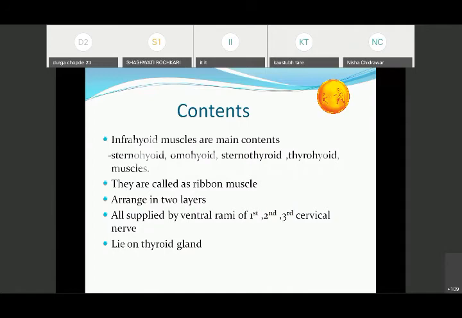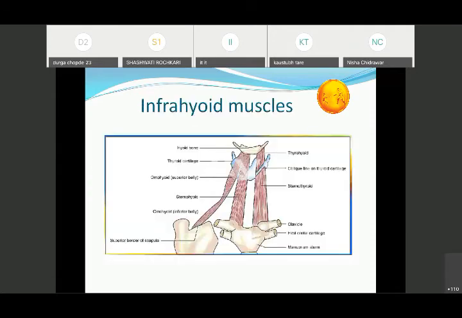They are arranged in two layers, the superficial layer having the sternohyoid. You see in this figure, this is the hyoid bone, this is the thyroid cartilage. In blue color you can appreciate this is the manubrium sternae, this is the scapula.